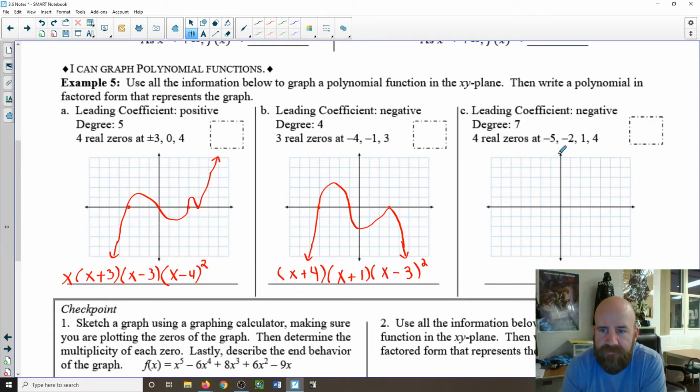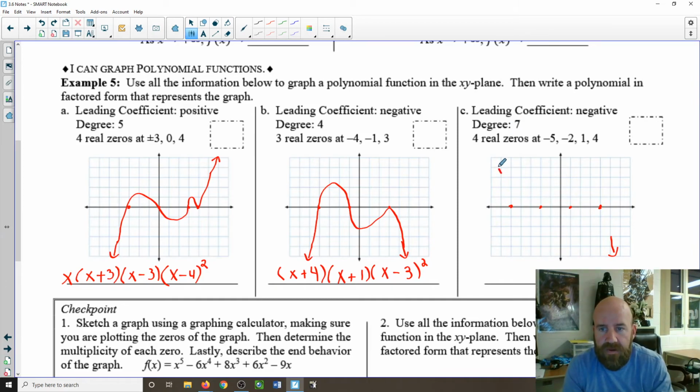Now last one. So we have 4 real zeros, so -5, I think that's 1, 2, 4, 5. Yep. -2, 1, 2, 4. So negative leading coefficient going down. 7th degree, so we are odd, so opposite.